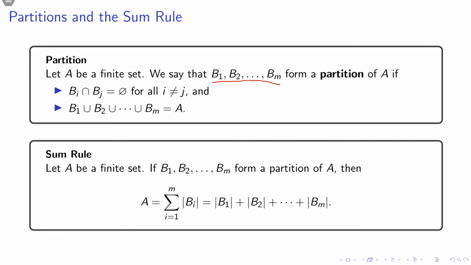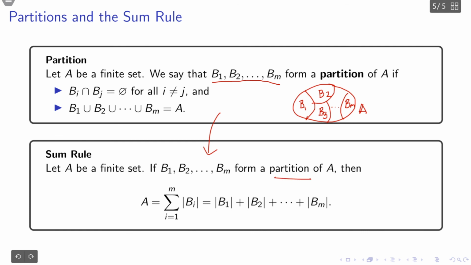And number two, the union of all these sets must give you the original set A. All right, so as a diagram, this is what it looks like. If this is the set A, it's B1, B2. Any element in A can be located in exactly one of the BIs. And if this is true, then you're free to apply the sum rule.